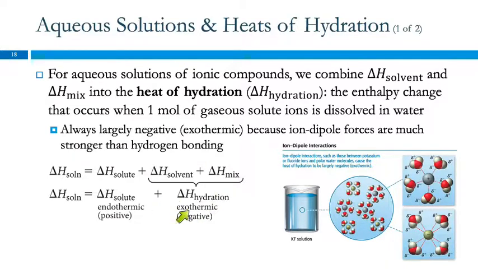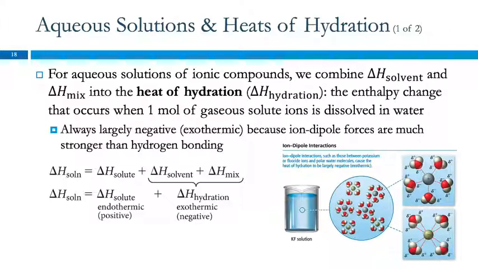For ionic compounds in water, this is always going to be negative because the delta H solvent is breaking up hydrogen bonds between the water molecules, and those are fairly strong on the scale of intermolecular forces. But in the mixing, we have the formation of ion-dipole interactions, and ion-dipole interactions are much stronger than hydrogen bonding.